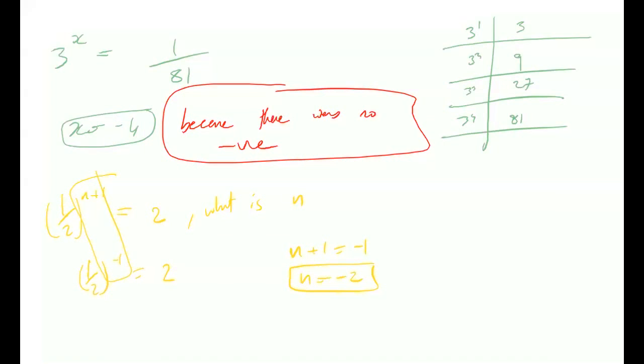What else? Let me solve another problem. Let me get the blue one. 3 power negative x plus 1 is equal to 1 over 81. What's x?